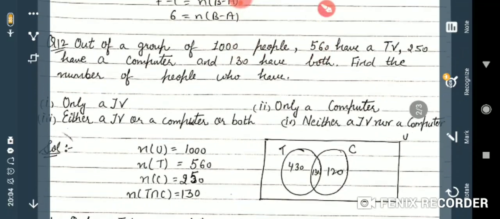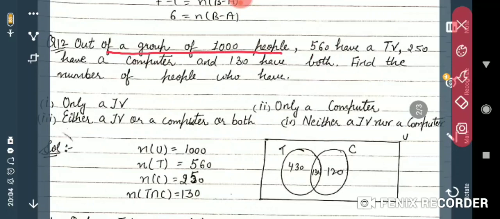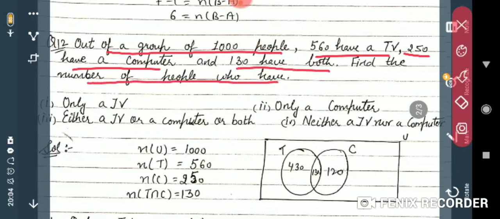Now the next question is, out of a group of 1000 people, 560 have a TV, 250 have a computer and 130 have both. Find the number of people who have... Out of a group of 1000 people, that means total.